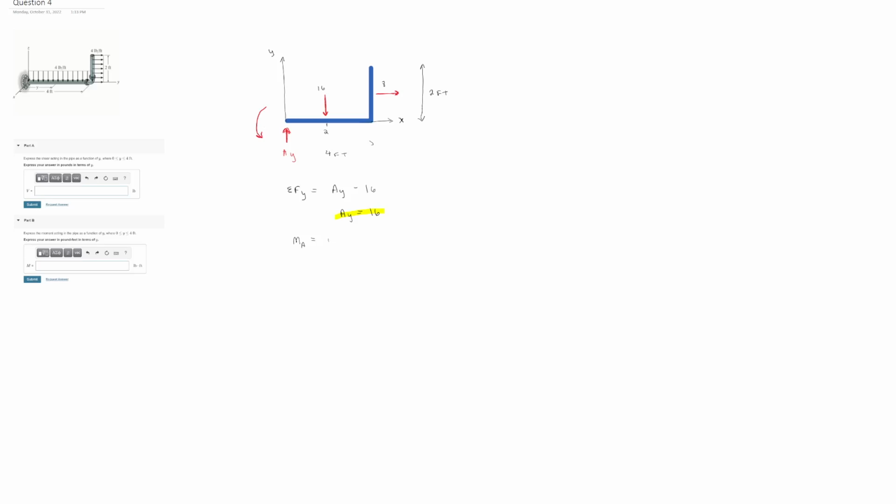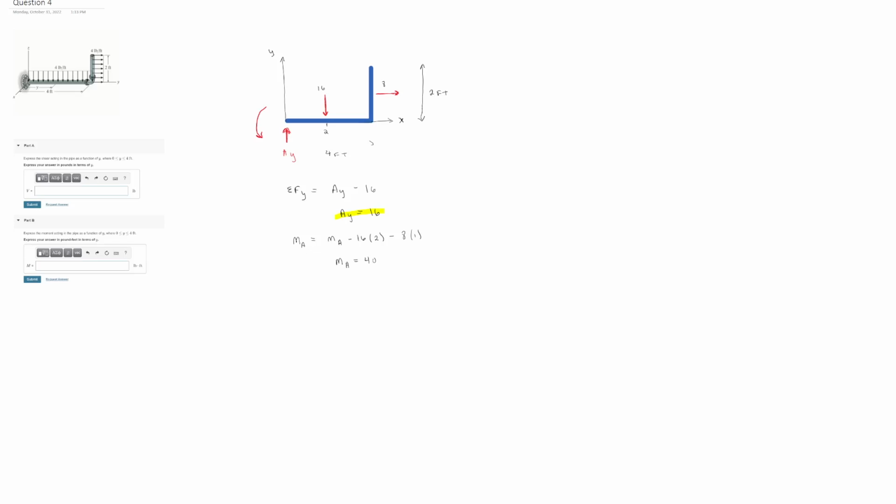So here it would be MA as a positive minus 16 times 2 minus 8 times 1, right? Here, the answer that you're going to get is going to be 40, right? It's going to be a positive 40.